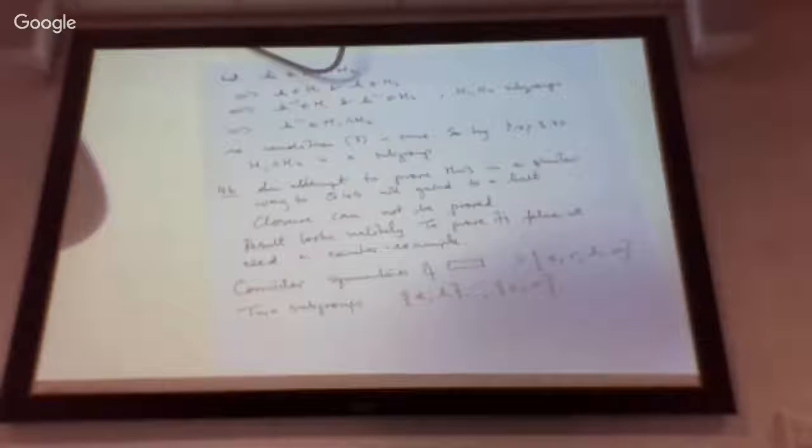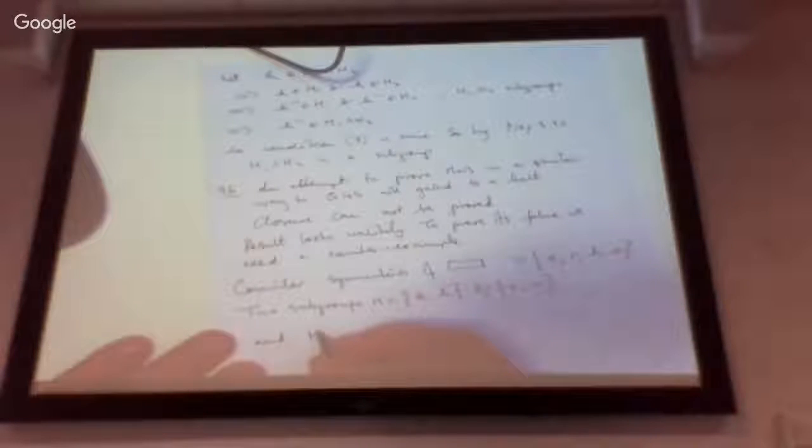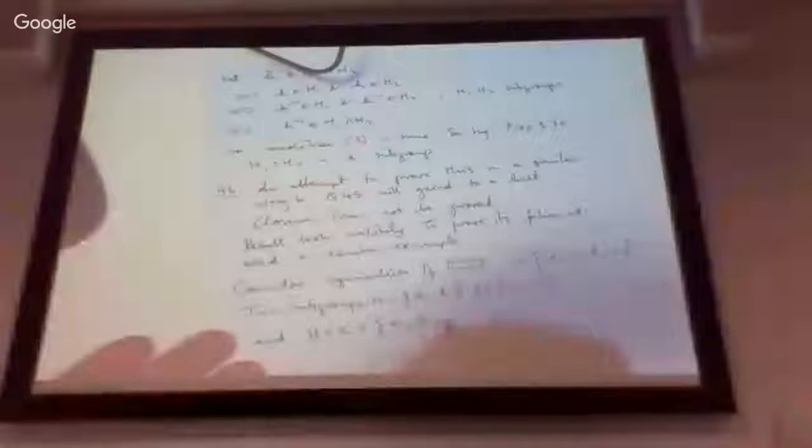Those are two subgroups. You can call them H and K. And H union K, which of course is {E, H, V}.